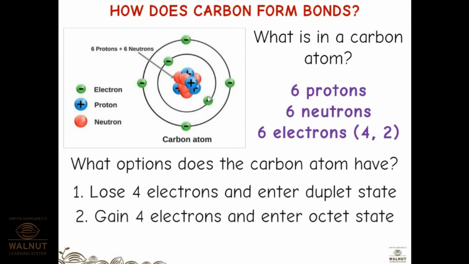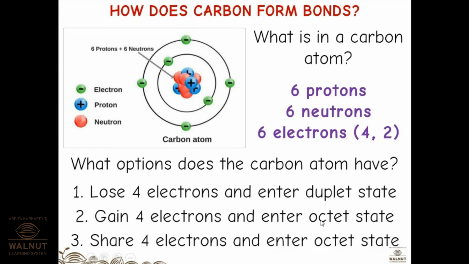Or it can gain 4 electrons. Right now it has 4 electrons in the outermost shell. If it gains 4 more, the total will be 8, and therefore it will reach octet state. Or the third way is to share 4 electrons and enter into octet state, which we will see.